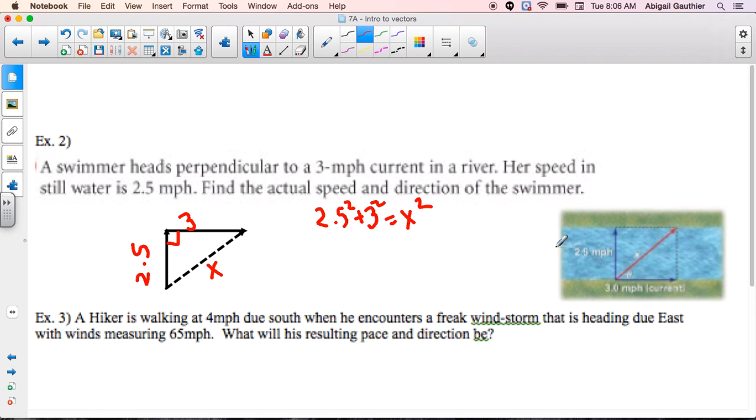So go ahead and you can use your calculator to solve that. 2.5 squared is 6.25, plus 9 is 15.25. So we have 15.25 equals x squared. And then we take the square root of both sides. And so x will equal 3.9.